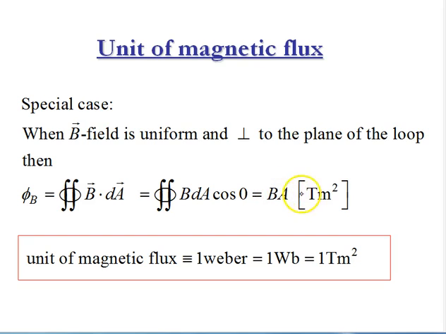Our units are magnetic field in Tesla, area in meters squared. So our unit of magnetic flux is a Tesla meter squared, which has a special name of a Weber, named after Mr. Weber, an important scientist. That's why we use a capital W. And it is a unit that actually has two letters, a W and a b, not to be confused with a watt.